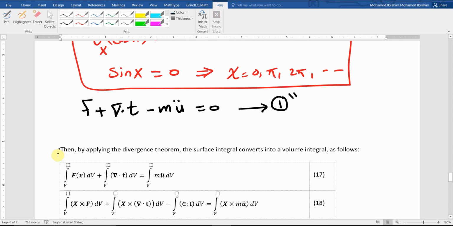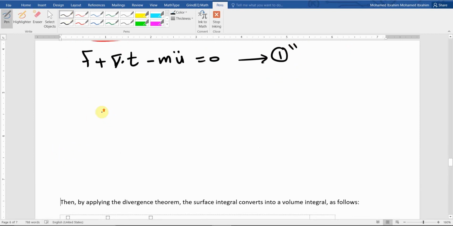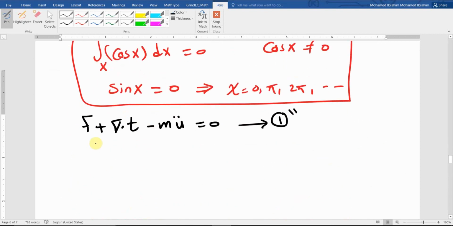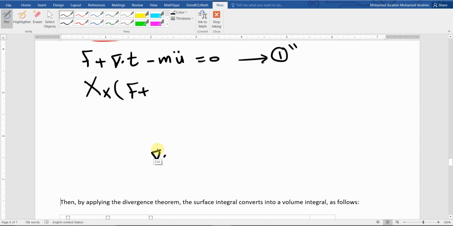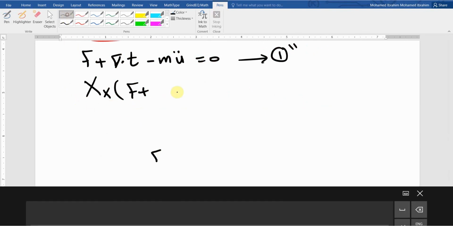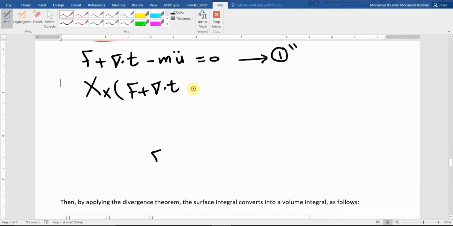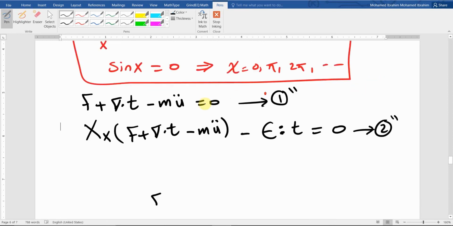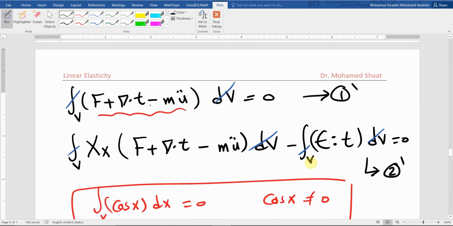And the second equation is x cross f plus x cross nabla dot t negative mu double dot, negative the epsilon tensor double dot t, equals 0. This is the second equation, 2 double dash. I just got rid of the volume integrals.